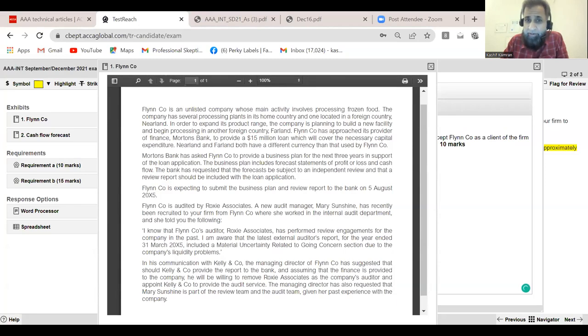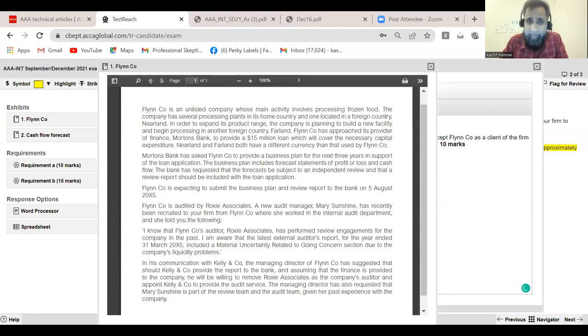Near land and far land both have different currencies used by Flynn Company. So they have an exposure to foreign currency gains and losses because different currencies are being used in near land and far land. So I think the exposure to foreign currency fluctuation will increase for Flynn Company in future. This information might become critical when you move to the other parts of the exam question.